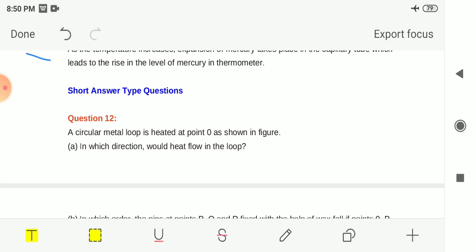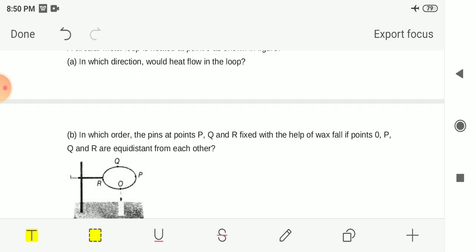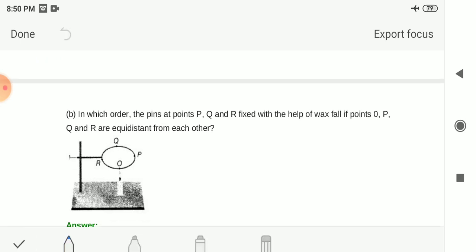Next are short answer type questions. In number 12, a circular metal loop is heated at point O as shown in the figure. The first question is, in which direction would heat flow in the loop? Here, as shown, at point O we are giving heat to this loop. In which direction the heat would flow, that we have to find.